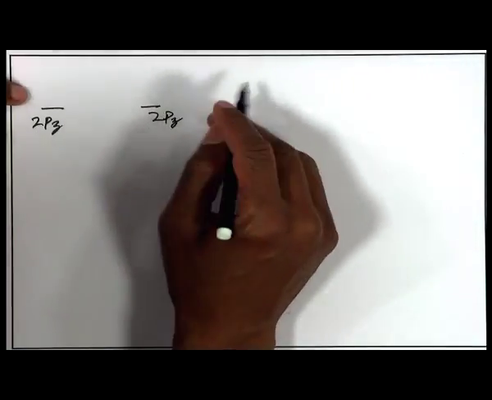Combination of atomic orbitals is possible only if they satisfy the following conditions. For combination of atomic orbitals, they should have the same or almost equal energy, then only they can combine.